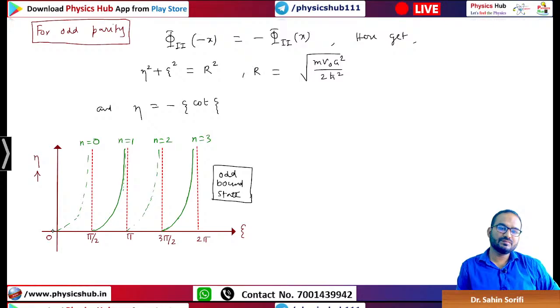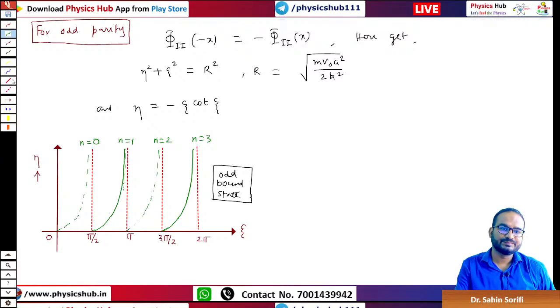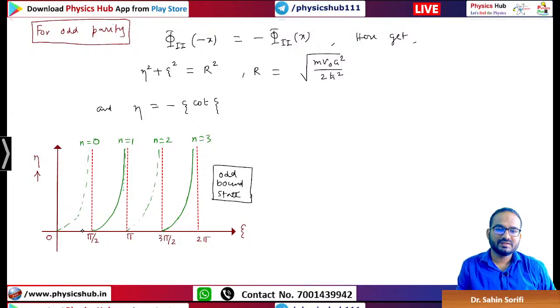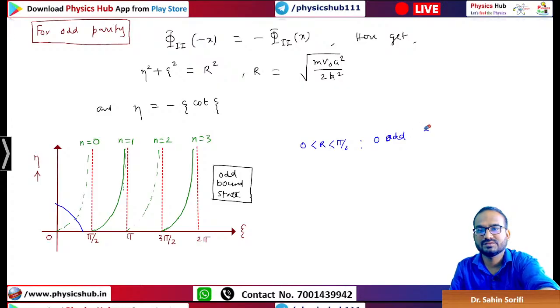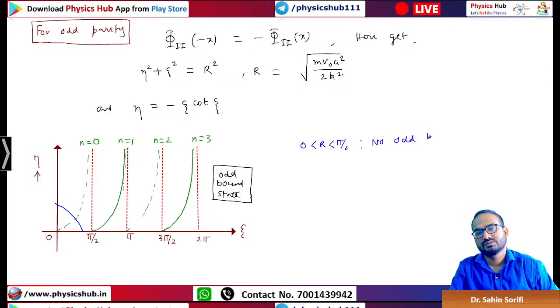Now if you choose a radius between 0 to pi by 2, will there be any odd bound state? You see it is not cutting n equal to 1. So when you are considering a radius between 0 to pi by 2, there is no odd bound state.